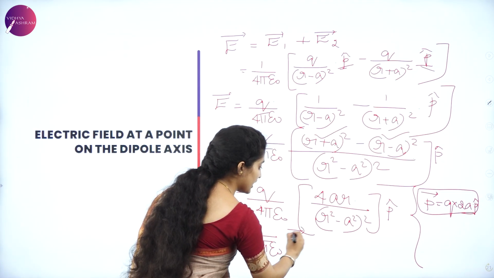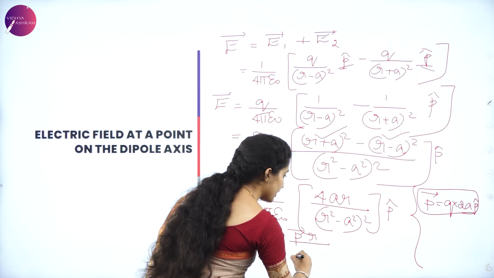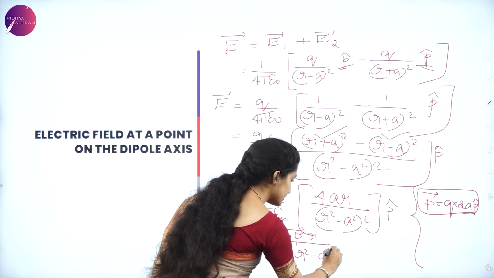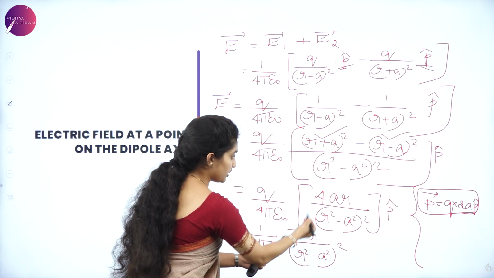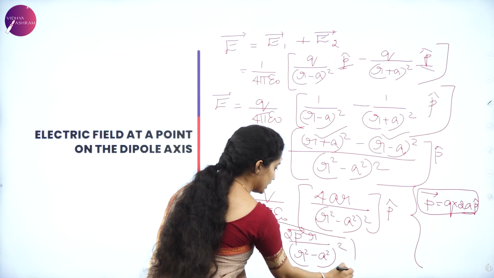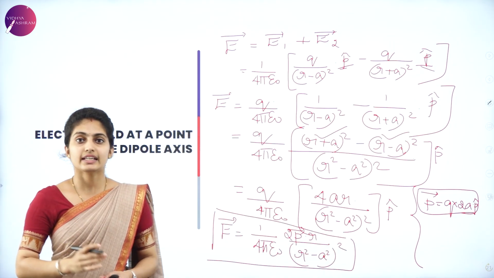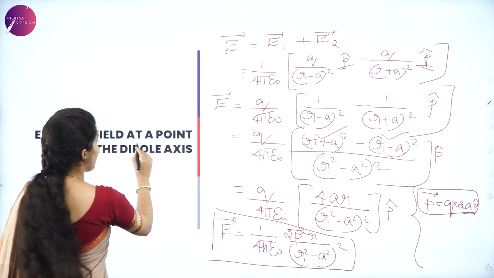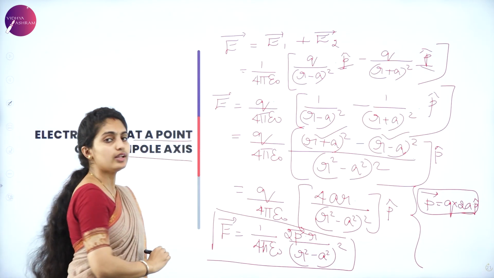So I can give it as vector P into R divided by R square minus A square the whole square. Here 2 is remaining, so I add 2, and this is the equation that gives you the electric field at a point on a dipole axis.